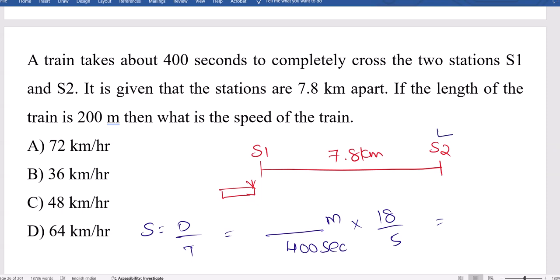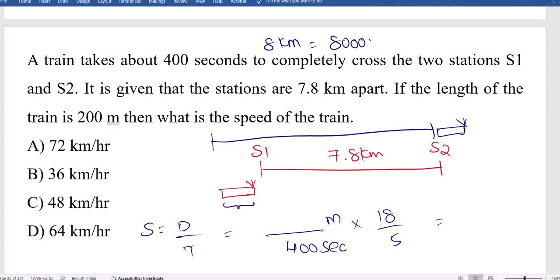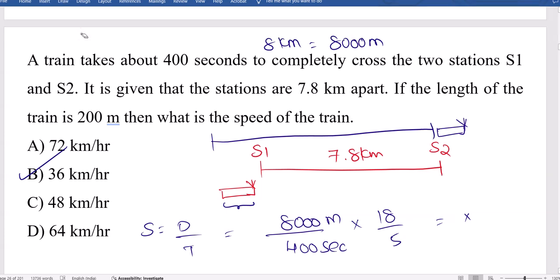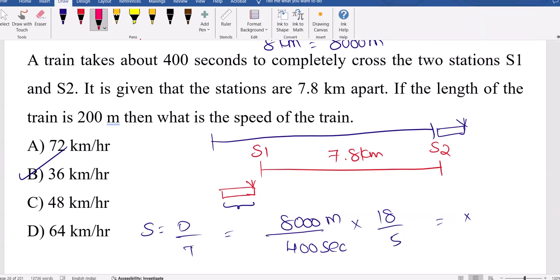The final position should be like this, the train should be here. So the train length also should be considered. The total distance is from here to here. So 200 meters plus 7.8 kilometers means 8 kilometers, which is 8,000 meters. So 8,000 divided by 400, which is 20, times 18 by 5, which is 72. Sorry, 20 into 18 by 5, 4 into 18, is 72 kilometers per hour.